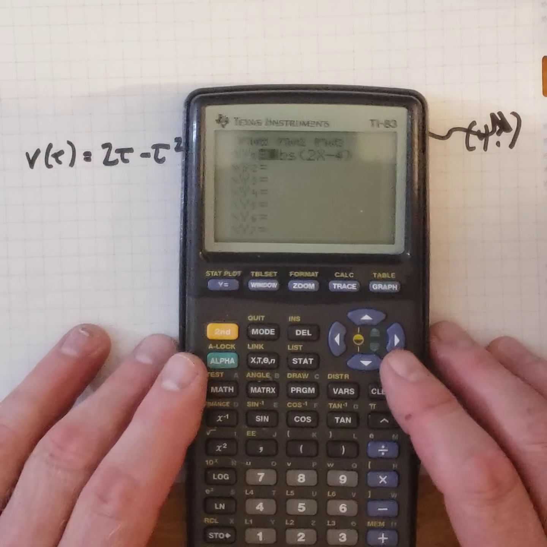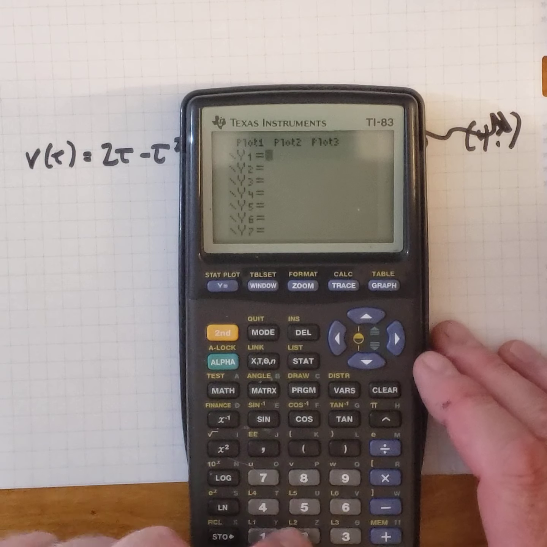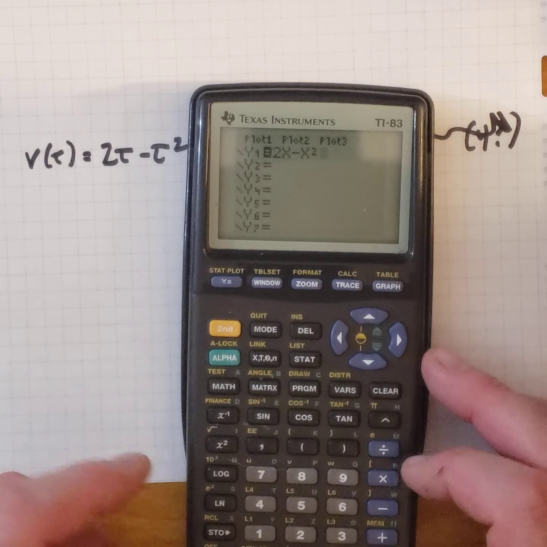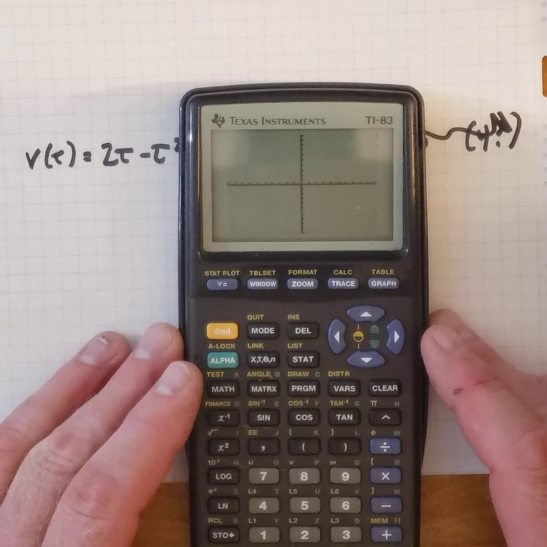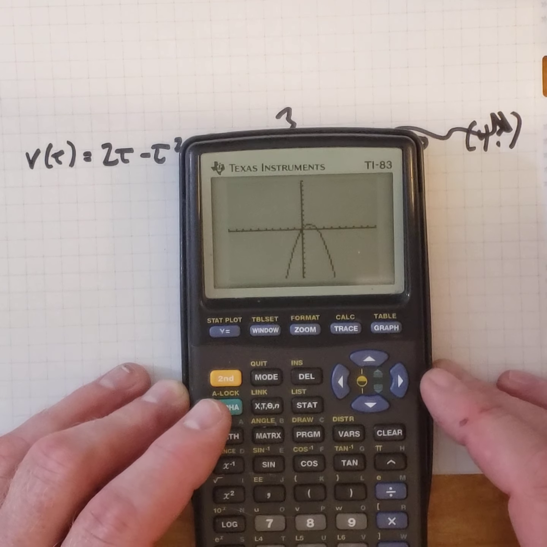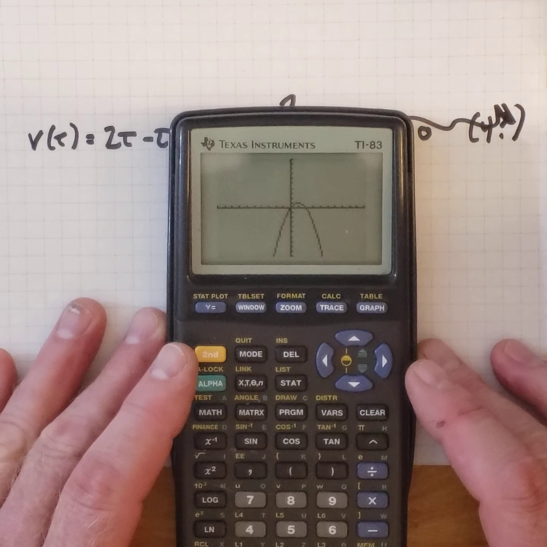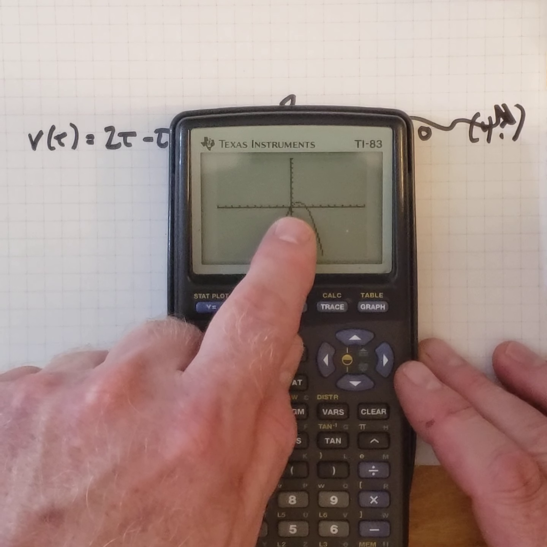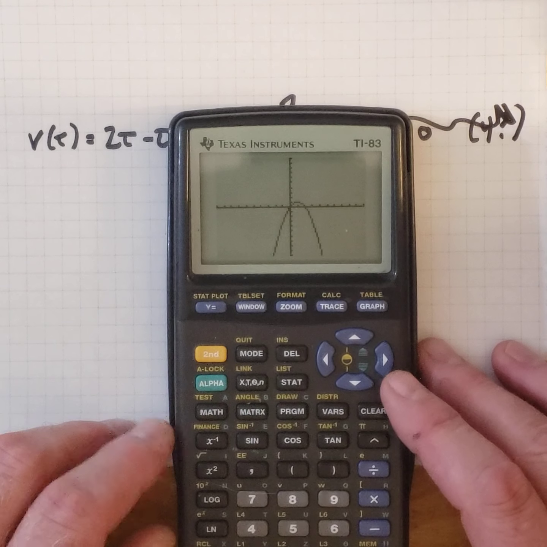So let's put that right in the calculator. 2t minus t squared. You can do these by hand, but I really don't think there's any reason to. The integration is tedious and repetitive, and we don't really need to do it. So we've got our curve here, which is positive for the first 2 seconds and then goes negative.